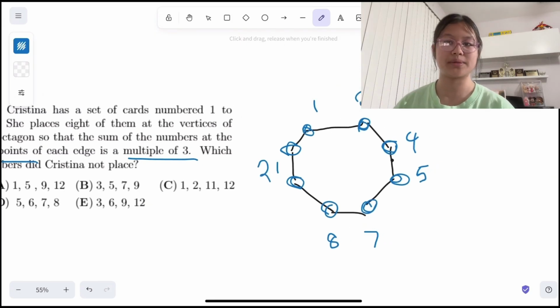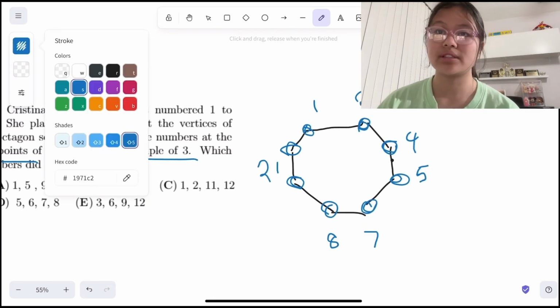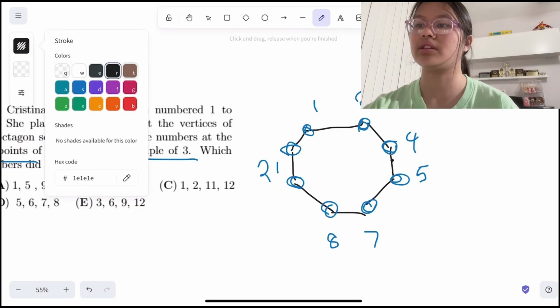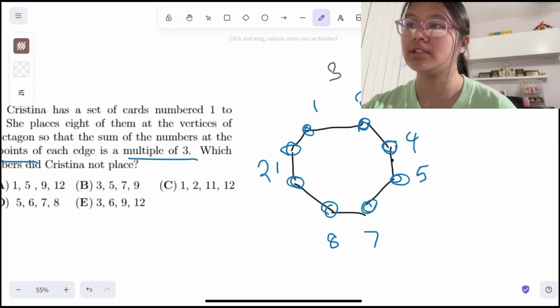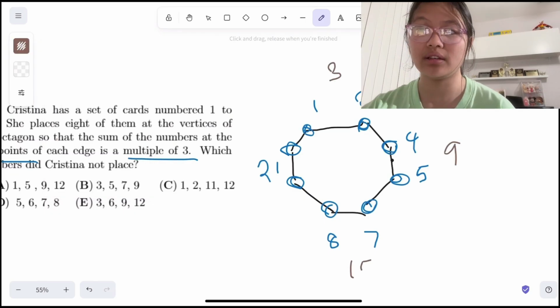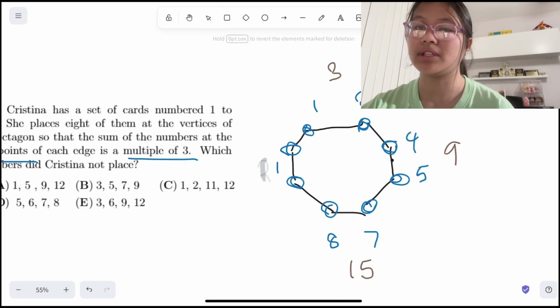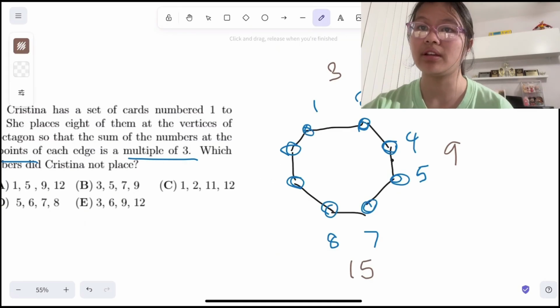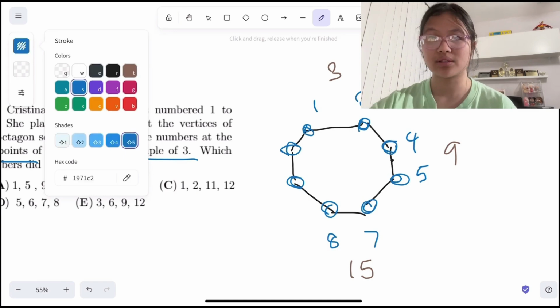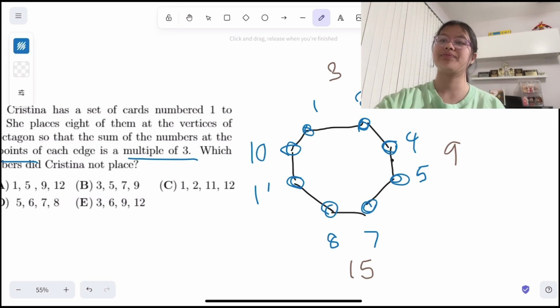And then we basically just add them all, which is 21. When you add it, it's 3, 9, 15, and that was supposed to be 10, not 11. But then that basically equals 21, which is what we got earlier.